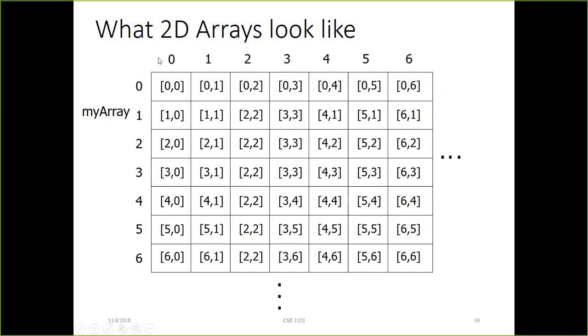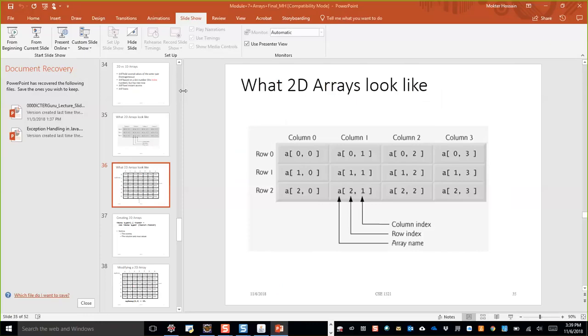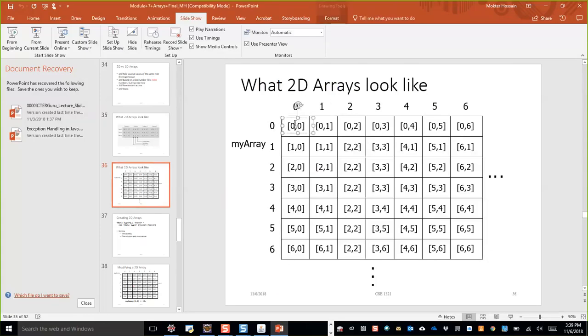It says two-dimensional array look like, and actually I found some errors. So it will be 0, 0, right? Then the second one 0, 1, 0, 2, third one 0, 3, 0, 4, 0, 5, 0, 6. And the second row will be 1, 0, 1, 1. It should be 1, 2.